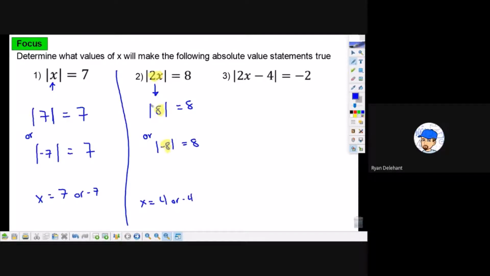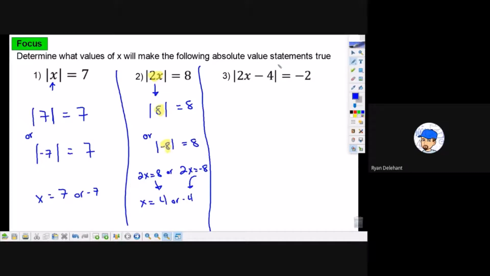Well, to get this 4, we're saying that 2x would need to equal 8. That's how we got to the 4. Or 2x would need to equal negative 8. That's algebraically how we got to the negative 4. And you see where we're building to this. As these expressions inside the absolute value become a little bit more complex, we get a little bit longer answer.